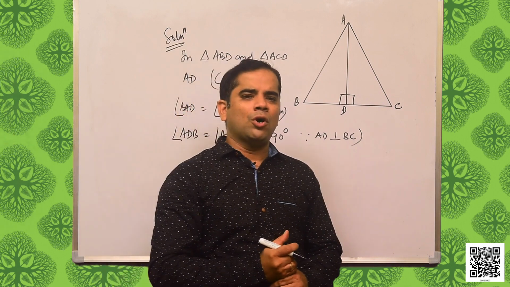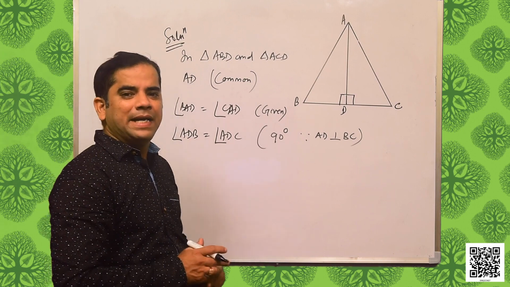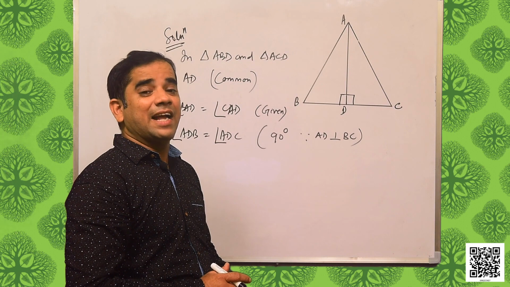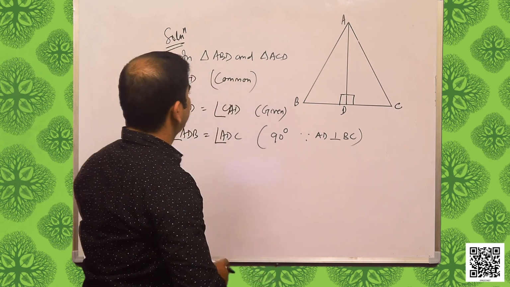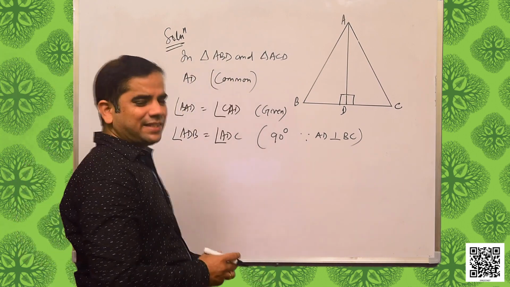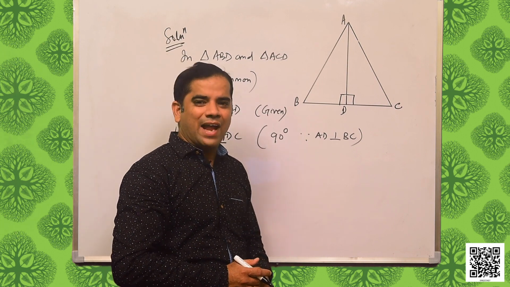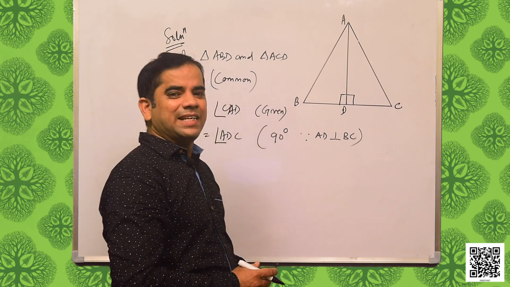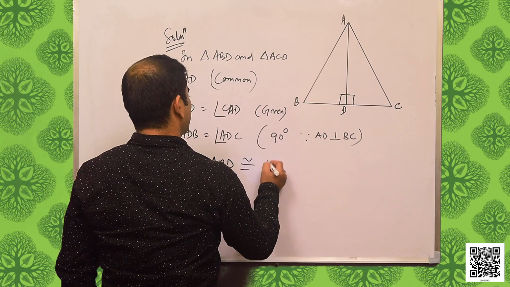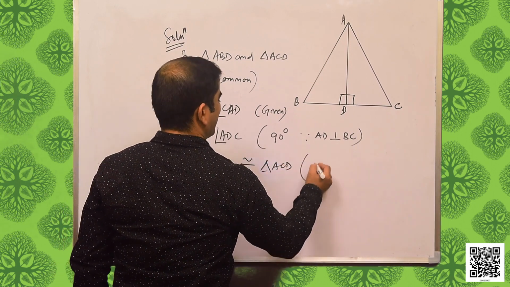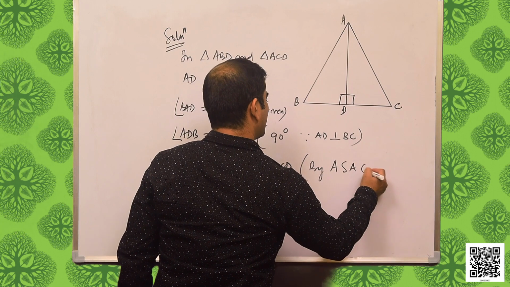So we have found that these two triangles, triangle ABD and triangle ACD, are congruent, because they have two angles equal to each other and they have a common arm.